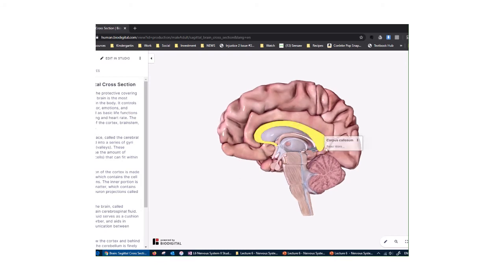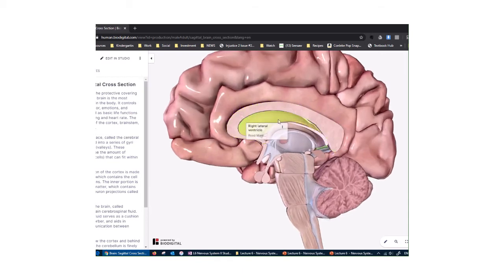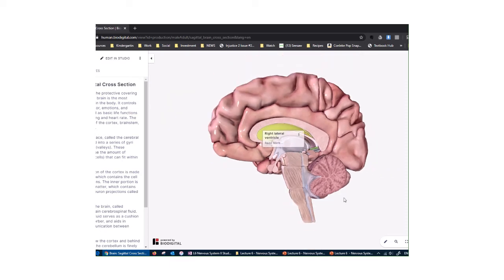This band is called the corpus callosum. It's white matter, and it basically allows the two halves of the brain to talk to each other. But what we want to focus on right now is underneath the corpus callosum, which is your lateral ventricle.